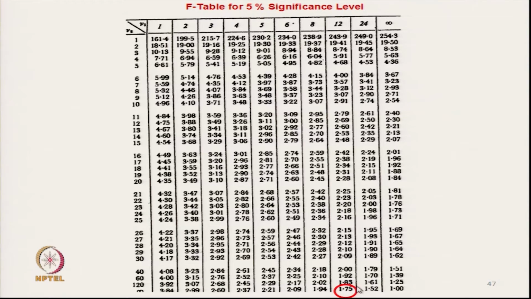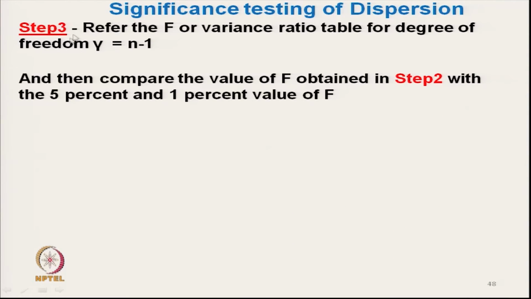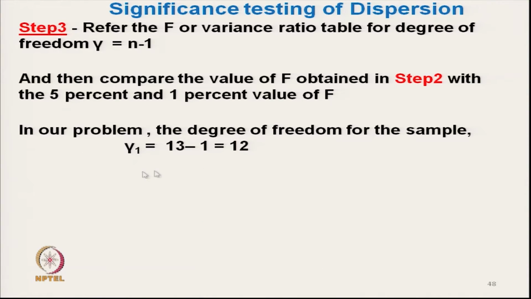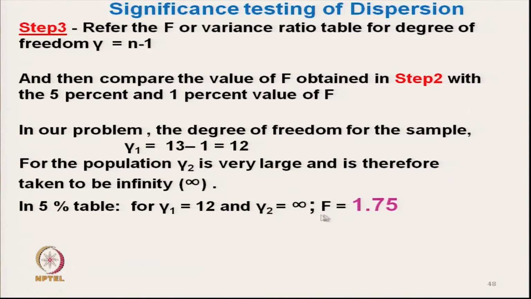Now we can compare with the value which we have got. The degree of freedom is n minus 1, so here it will be 12, against the infinity degree of freedom for the population.